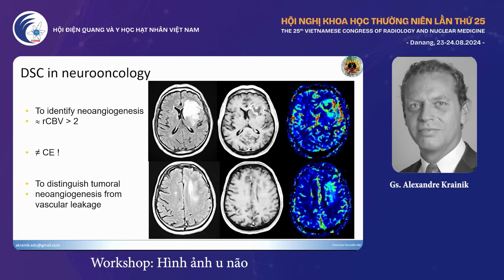Normally, you know, the brain vessels have a blood-brain barrier that prevents the contrast media from getting out of the vessel. But in many different pathological situations, this blood-brain barrier is impaired, and then the contrast media gets out, and that's why it enhances.